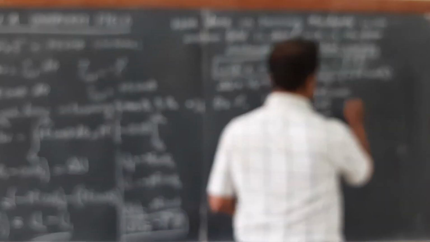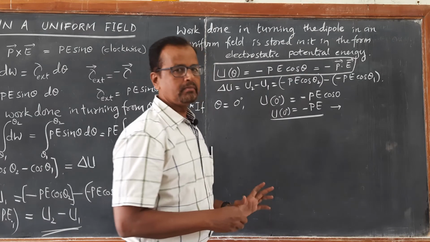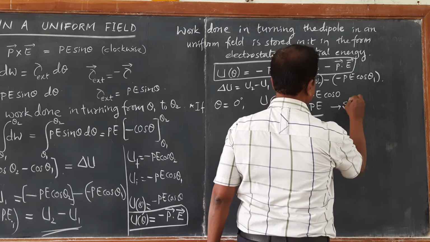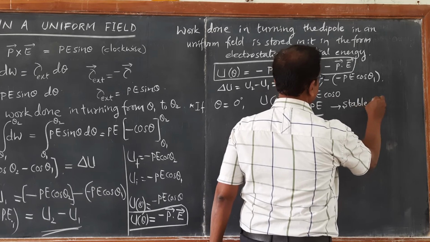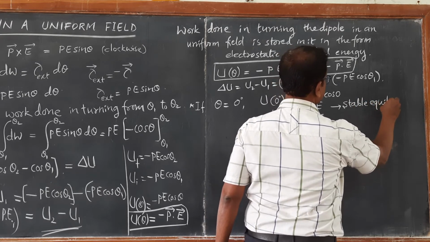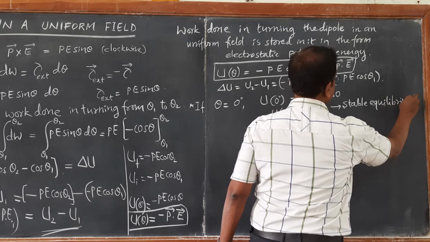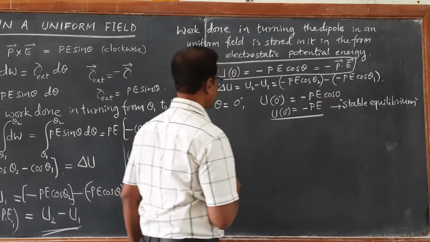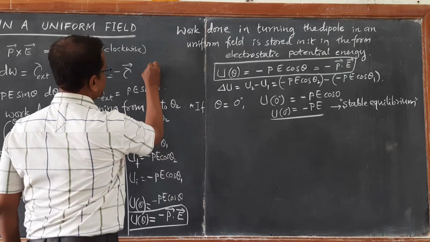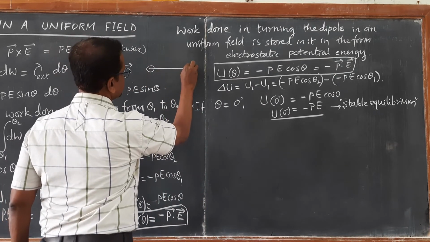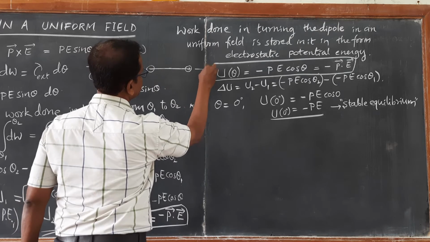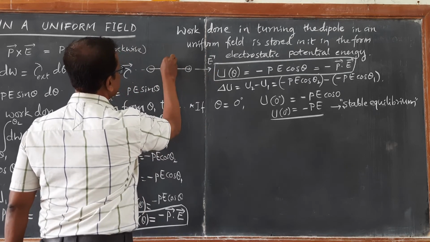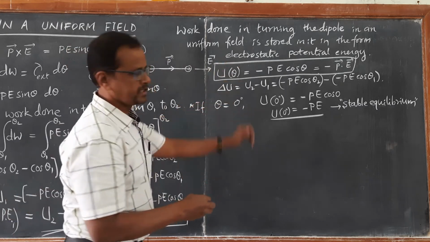This minimum potential energy leads to the stable equilibrium state of the dipole. This is the case when the dipole is aligning along the direction of the external electric field like this. You see P and E are in the same direction.